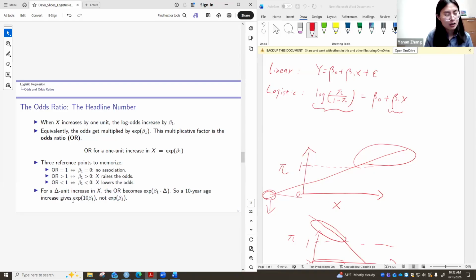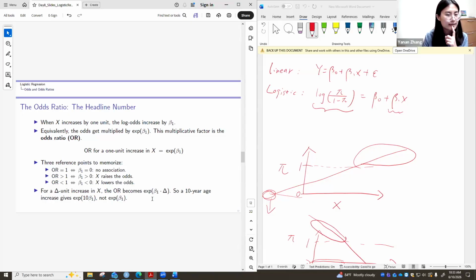Another thing we have talked about in linear regression as well is what the odds ratio is if we don't increase x by only 1 unit. Instead, we want to increase x by several units, for example, delta units, right? So the corresponding odds ratio will be calculated as beta 1, which is the slope, times delta first, then take the exponential.